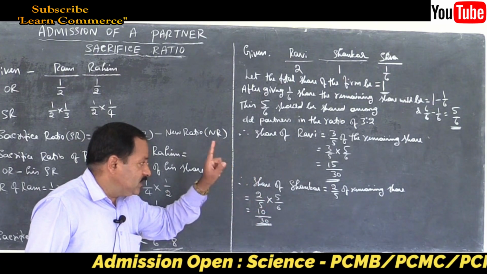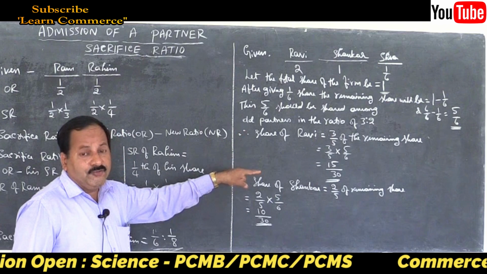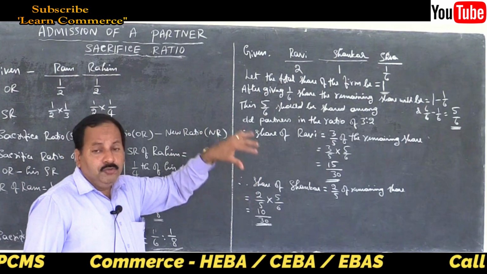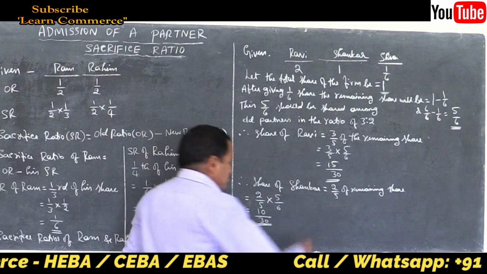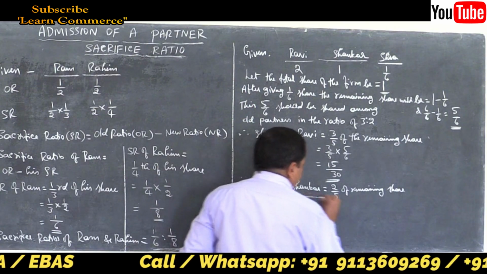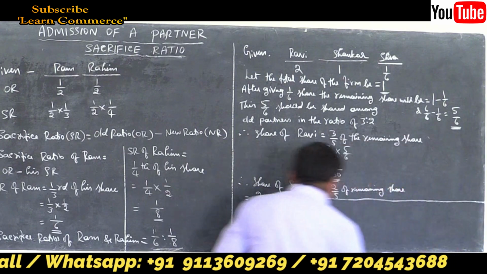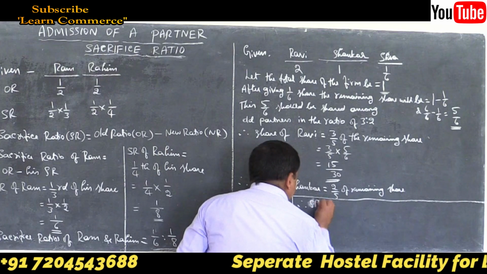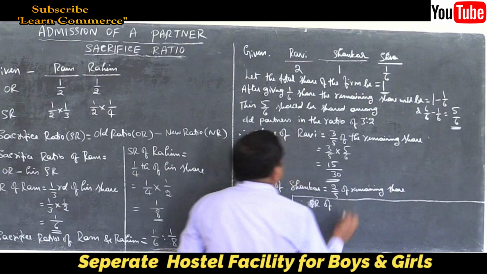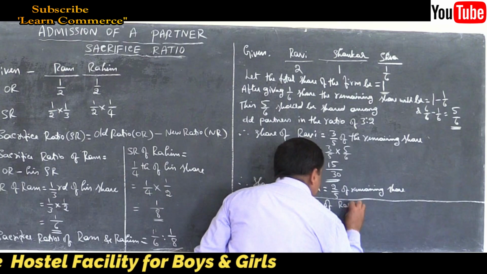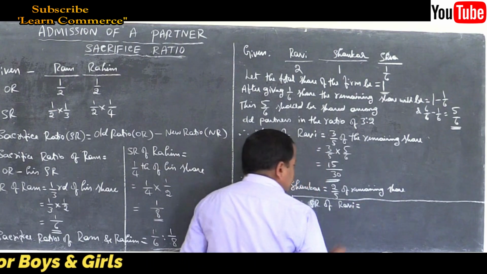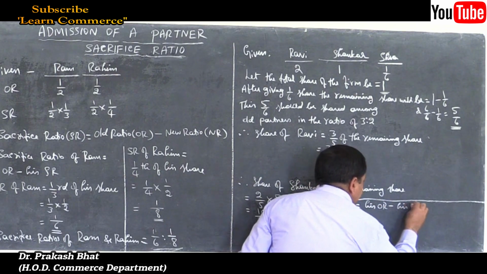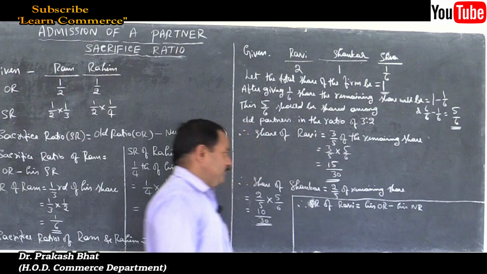Now let us calculate sacrifice ratio. How to calculate it? By deducting the new ratio from their old ratio. So therefore let me solve here. Sacrifice ratio of Ravi is equal to his old share minus his new share or new ratio.